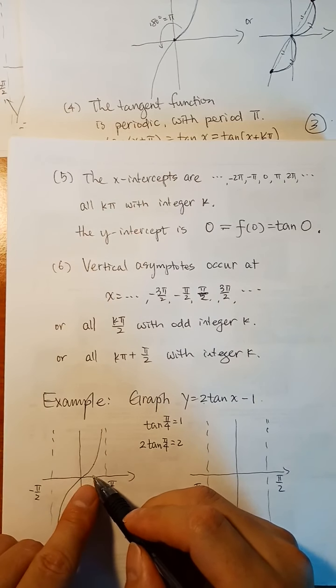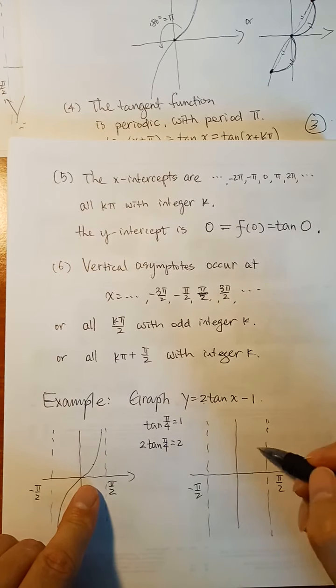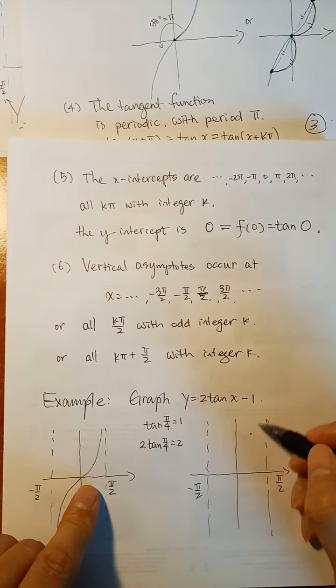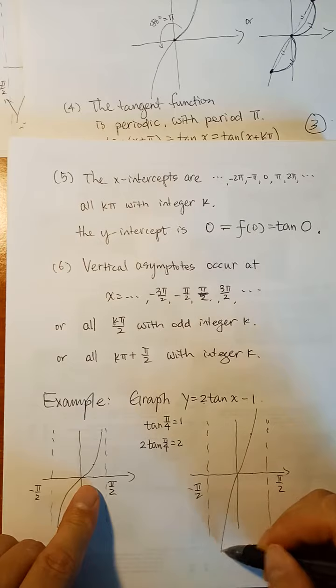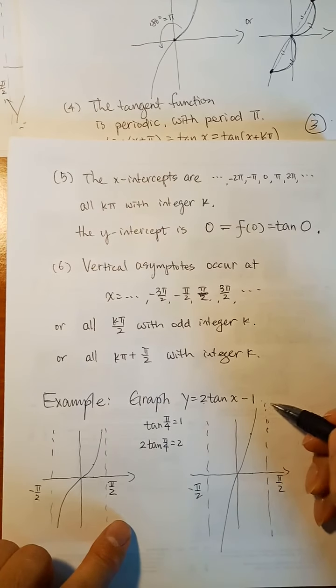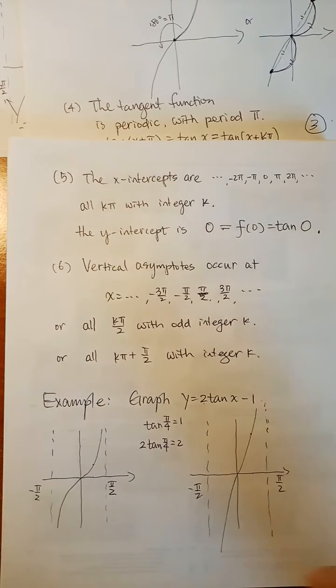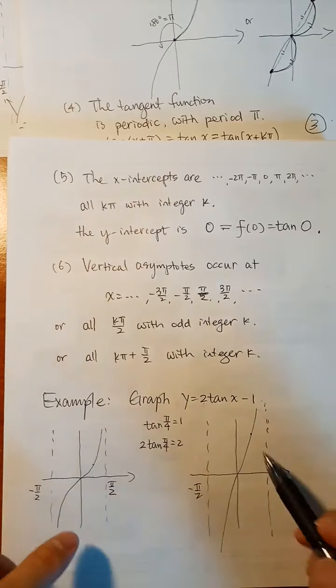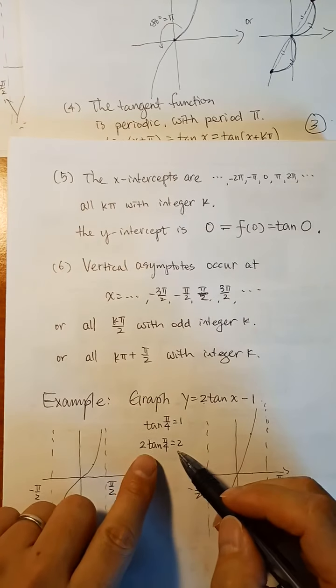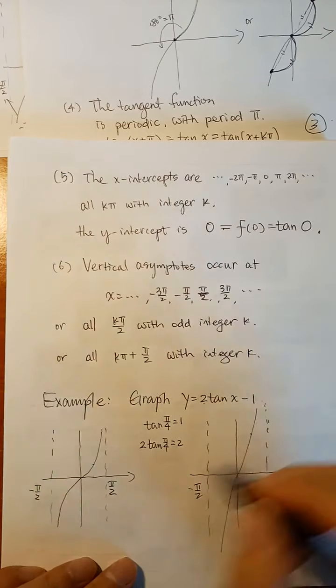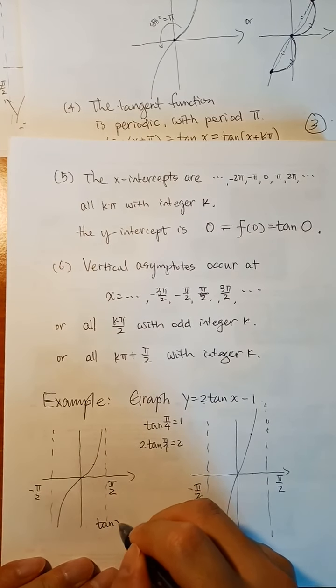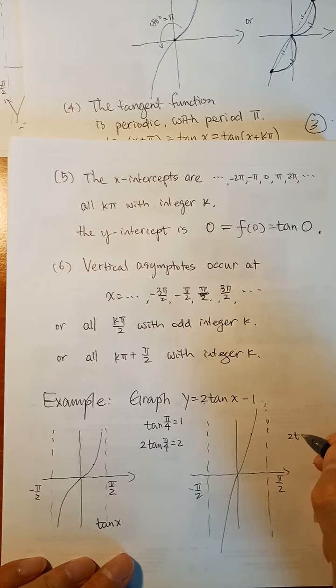Regularly, at pi over 4 it's 1, but now at pi over 4 you get 2, so it's steeper. We just stretch it along the y direction. This is tangent of x, and this is 2 tangent of x.